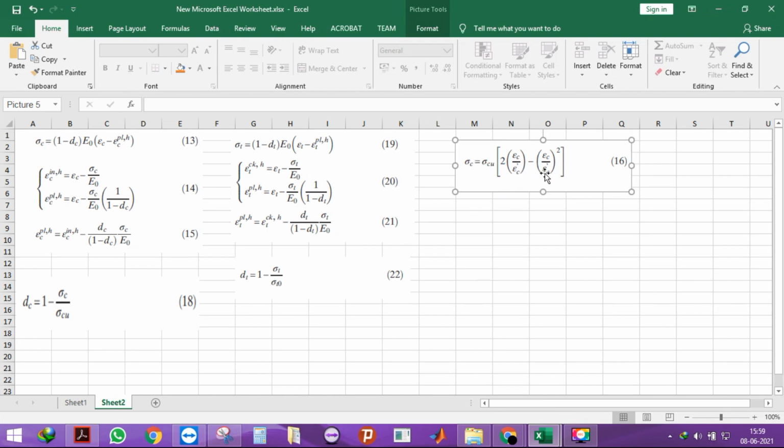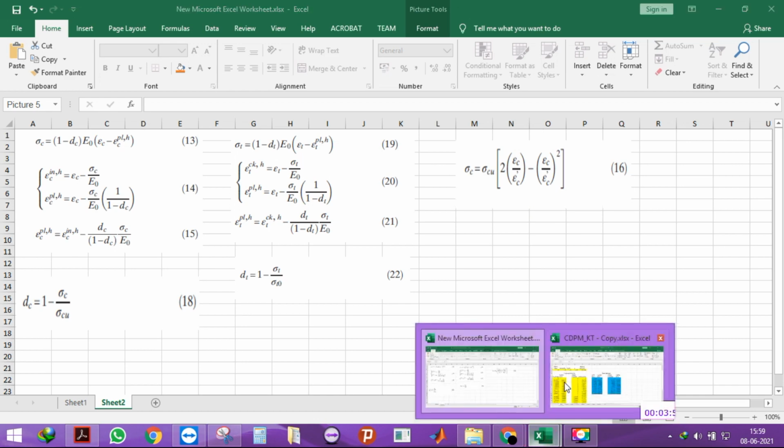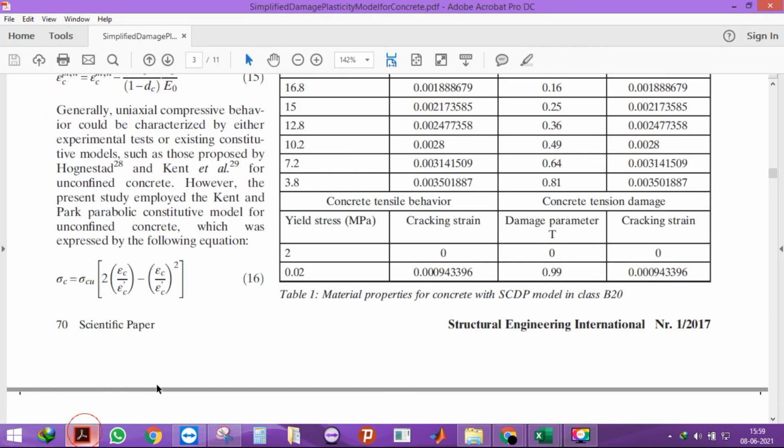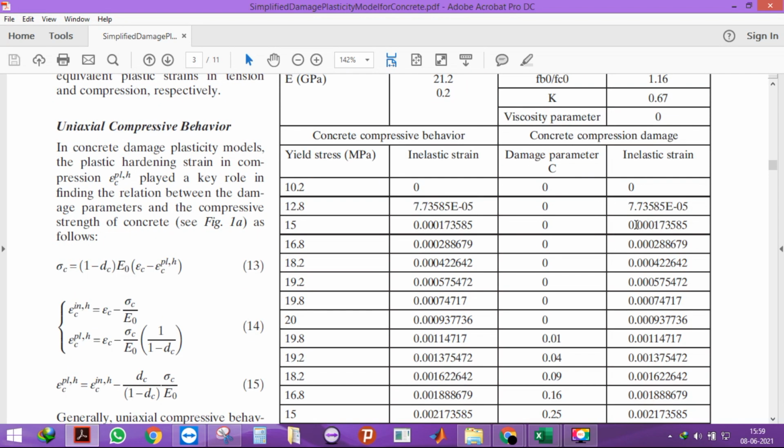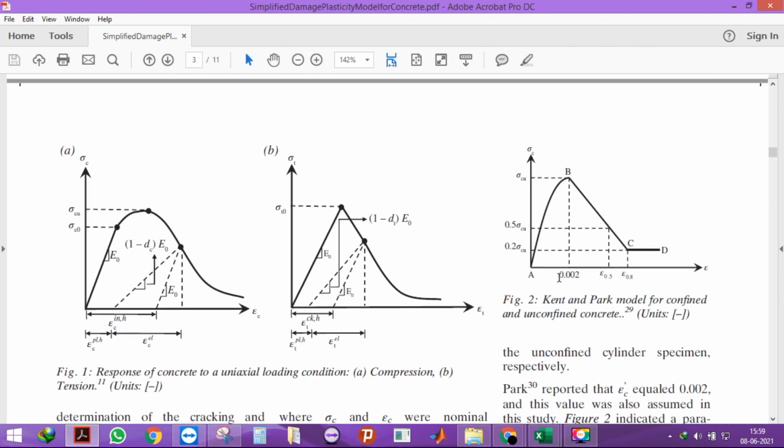And here epsilon c dash, which is at the bottom, we will assume as 0.002, which is given in this paper. See here, this 0.002. We need this strain. We have to use some model, because if you go through experiment, you'll have this stress strain behavior.